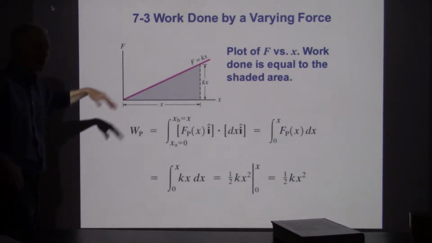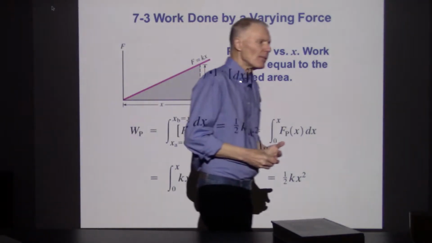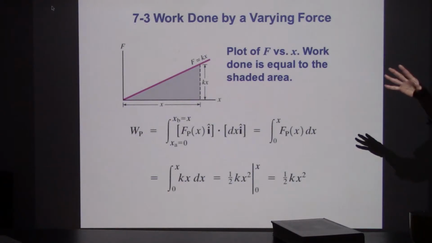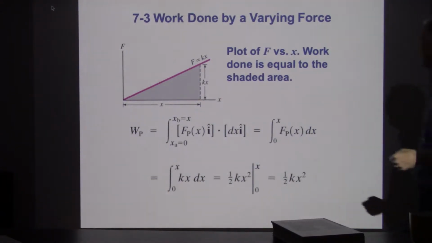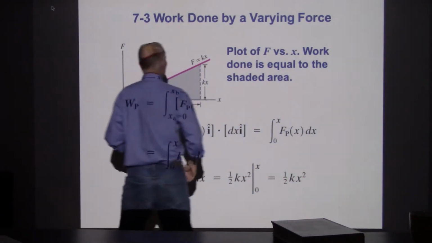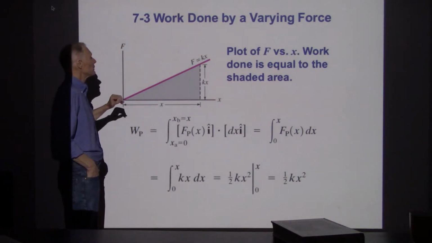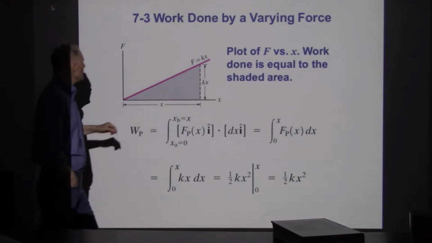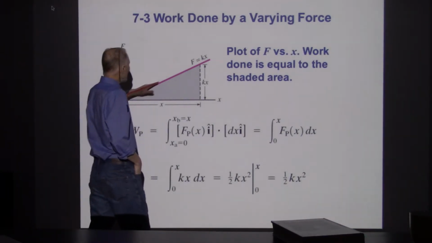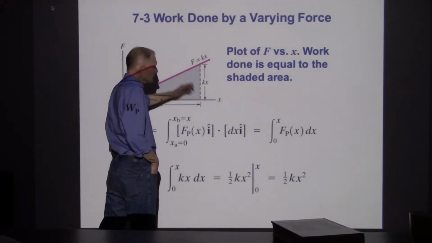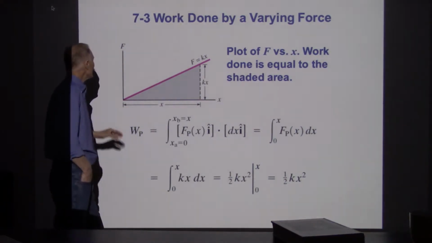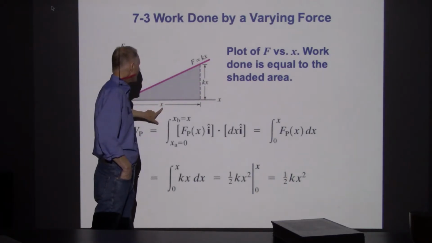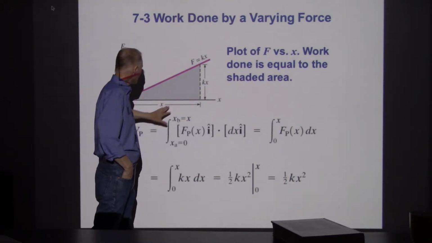Now, before we were advertising the fact that the area under the curve is also a way to graphically, visually keep track of how much energy has been stored in the spring, how much work has been done, and that work being done will be stored energy in the spring. So in this case, the plot gives us a right triangle, and a right triangle has an area of 1/2 height times base. 1/2 kx times x.